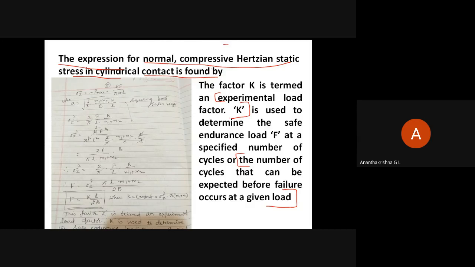Is it visible, whatever I have written by hand? Yes, sir. Note down the heading and the derivation.